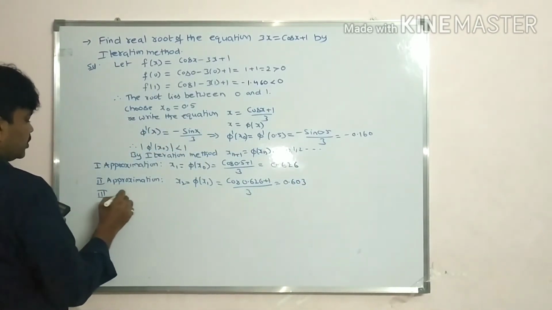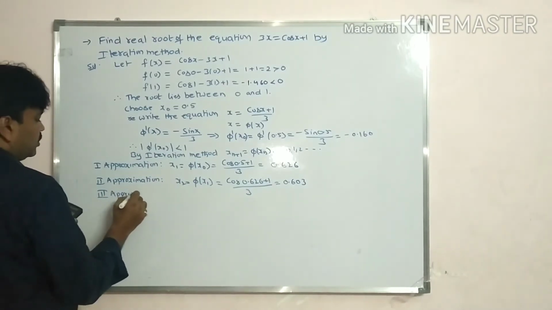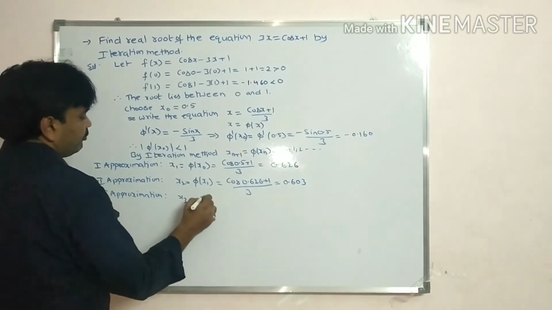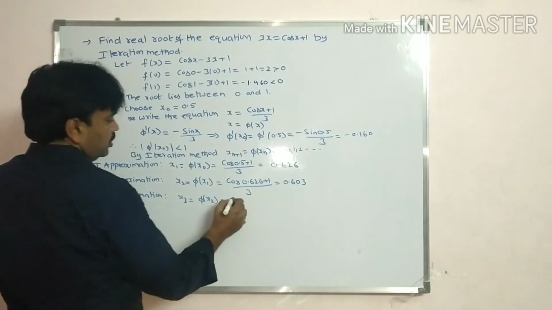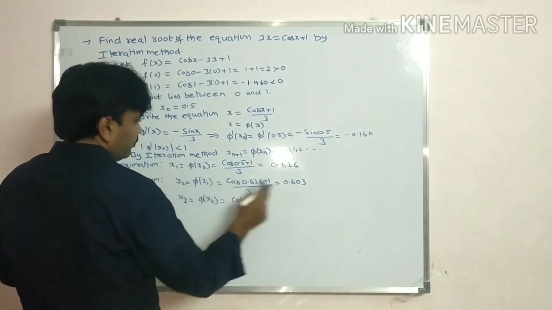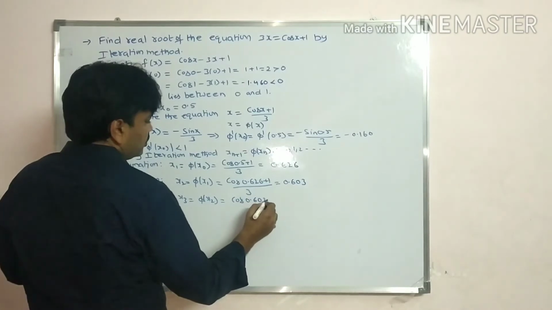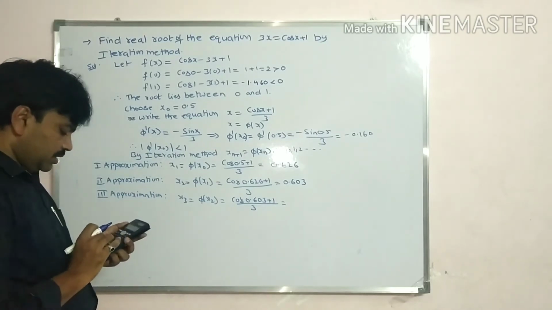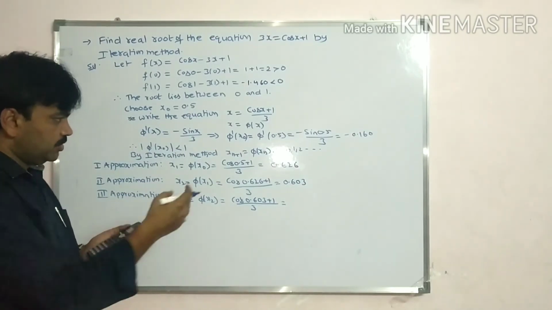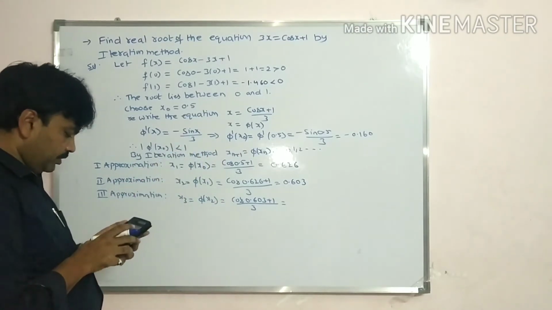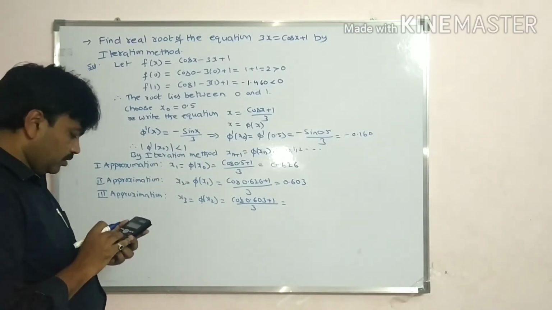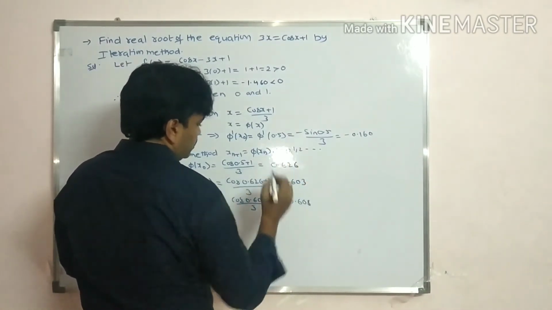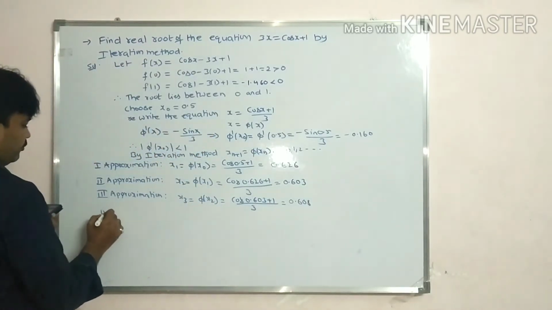Now the third approximation. x3 is equal to phi at x2. What is x2, students? 0.603. So (cos 0.603 plus 1) by 3. Again bracket cos, you press the answer, plus 1 bracket close divided by 3. We get 0.608, students.